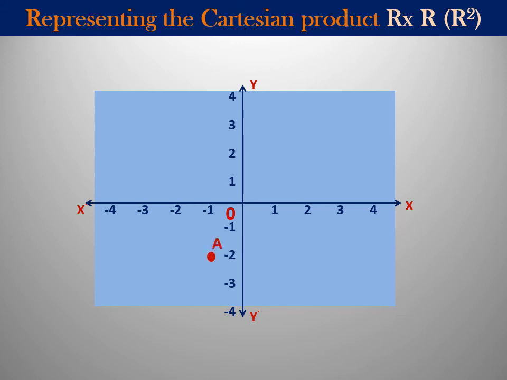So I will have something like this point A, which is -1, -2, and B, -4 and 1, C, 3 and -2. Okay? What about if I have a point between 1 and 2? How can I determine it? I will say that 1.5 and 3.4. Yes, it belongs to R squared. Okay?